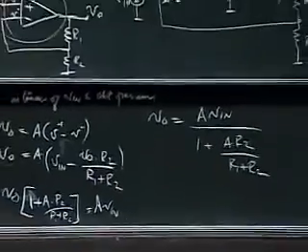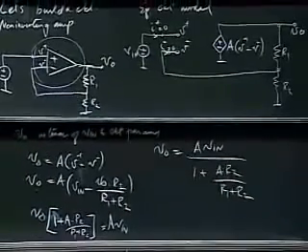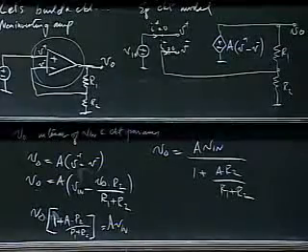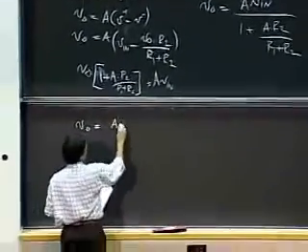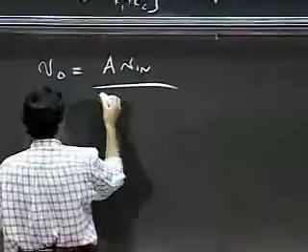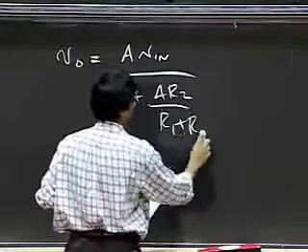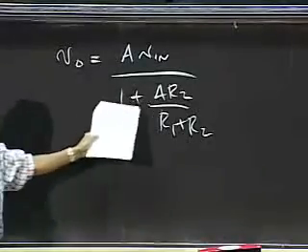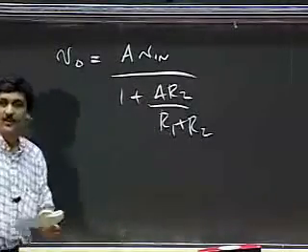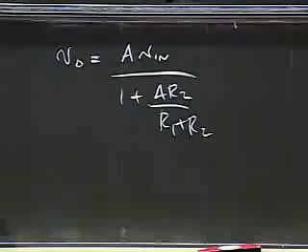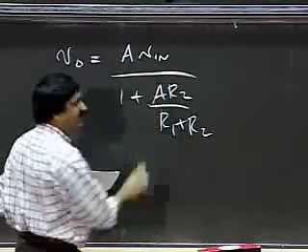And suppose it is the case that, let me write that down again. So V naught is A V in over 1 plus A R2 over R1 plus R2. Suppose R1 and R2 are more or less comparable, and A is 10 to the 6.